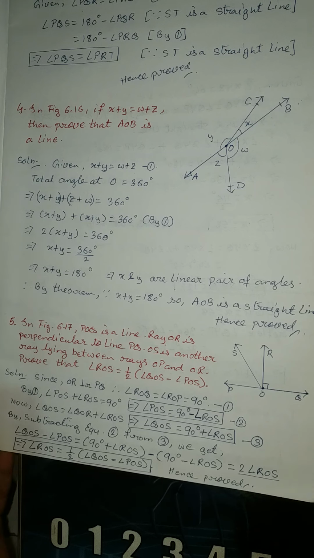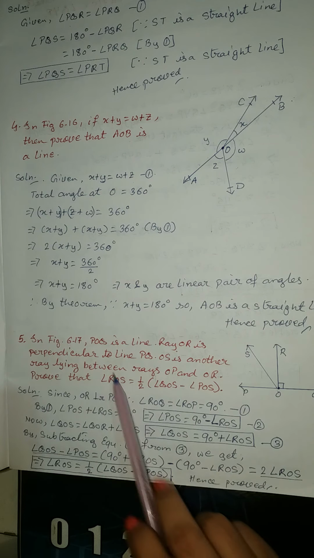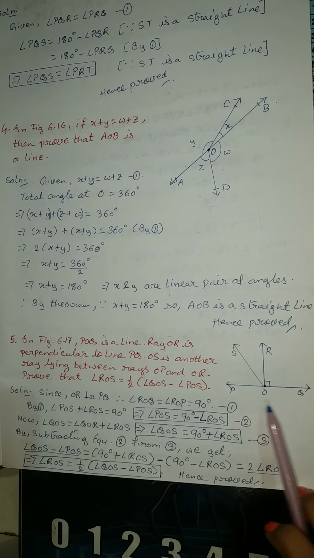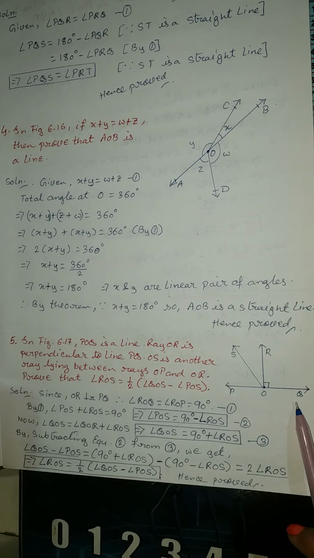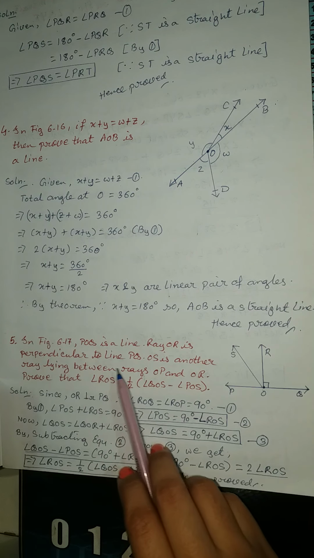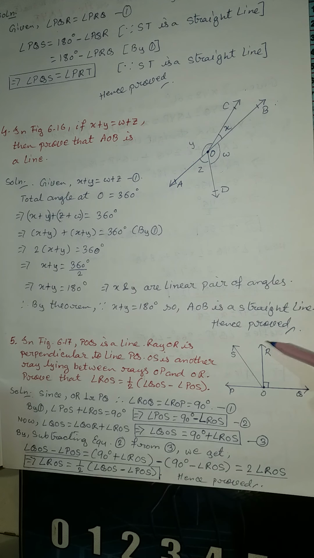In question number 5, we can see it is given that in figure 6.1, POQ is a straight line. So this is the given figure. POQ is a straight line, and ray OR is perpendicular to line PQ. This is OR, which is perpendicular to POQ. Okay.